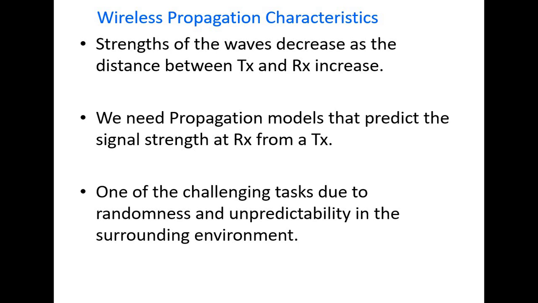Then, in wireless propagation characteristics, when the receiver is located far away from the transmitter, the strength of the signal or the wave decreases, and we also can predict the signal strength at a receiver point. Thus we can know what signal power we have at that spot from the transmitter.